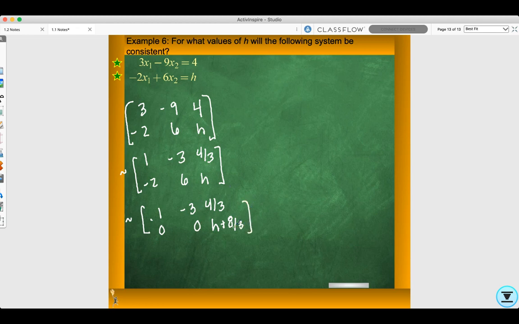So here I have 0 equals h plus 8/3. I'd just solve for that, and I'd have -8/3 equals h. So my constant, -8/3, which is h, would make the system consistent.